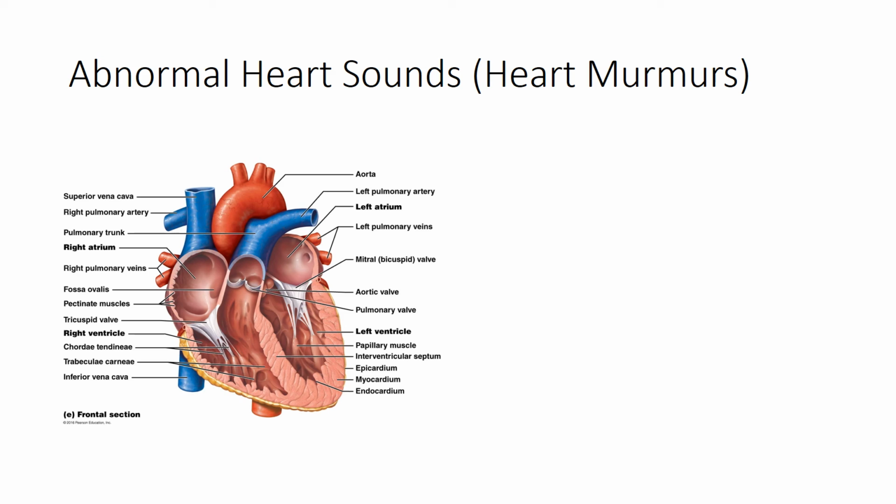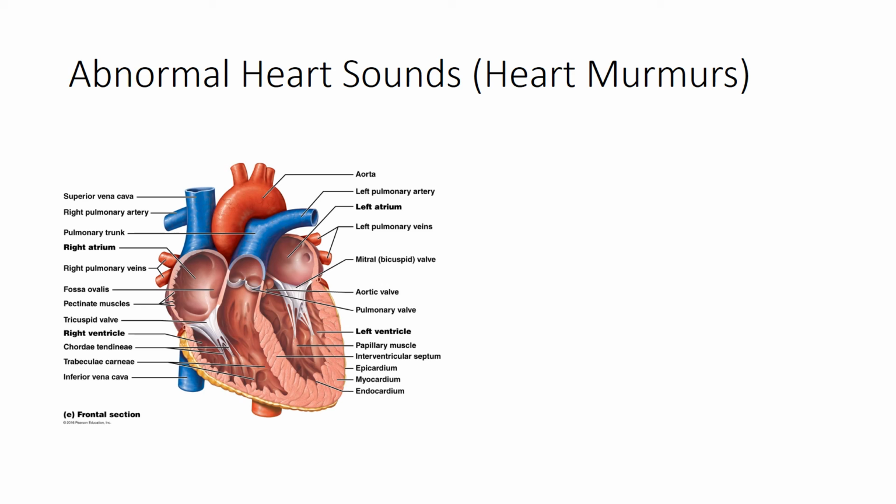We've just talked about the normal heart sounds that you hear in a cardiac cycle. So if you were listening to the heart with a stethoscope and listening to several cardiac cycles, you'd hear something like lup-dup, lup-dup, lup-dup, lup-dup. Now, there are times when abnormal heart sounds are heard, and these are sometimes called heart murmurs.